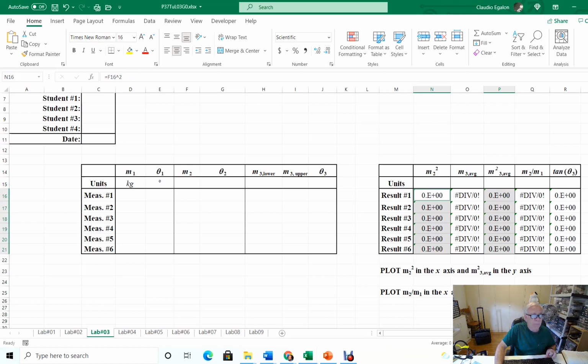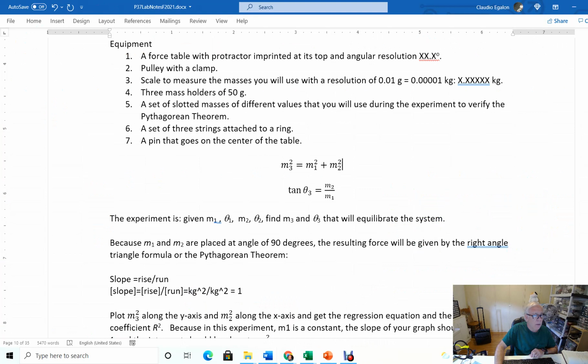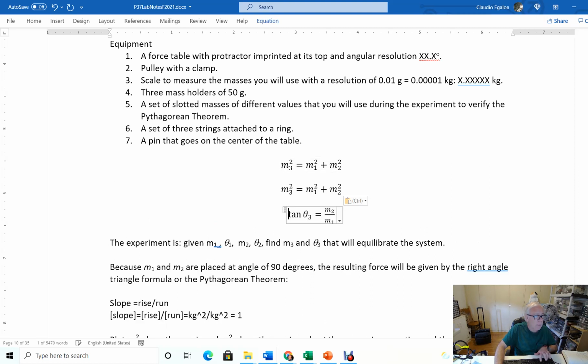According to the Pythagorean theorem, when you plot this graph, you should get a straight line, right? Here is going to be your y. I'm going to write this formula in terms of y and x, the formula that you're more familiar with.